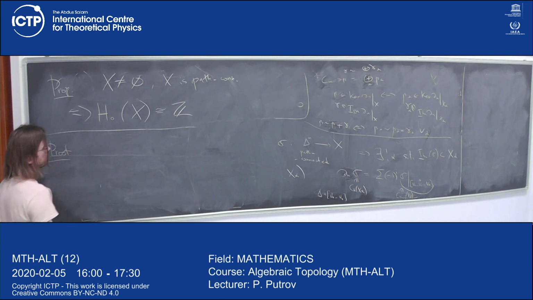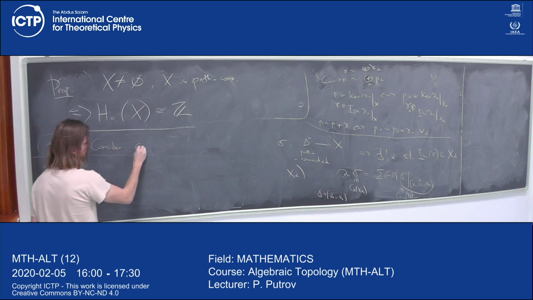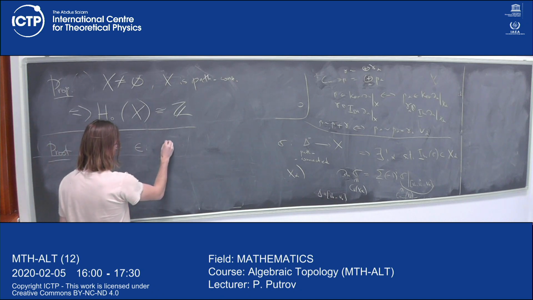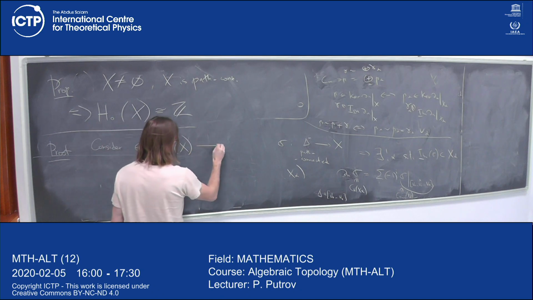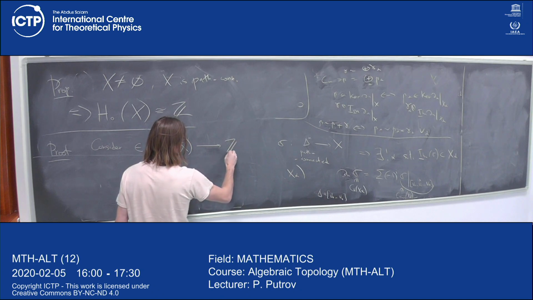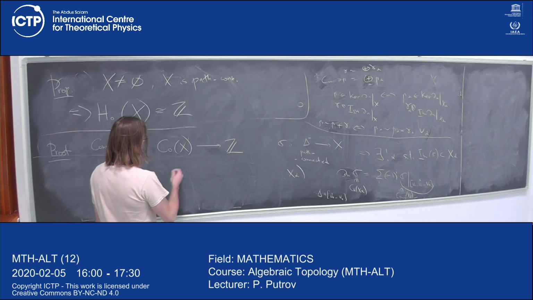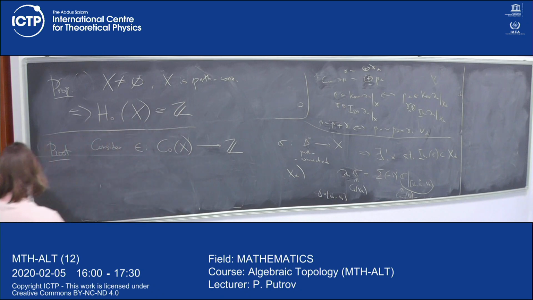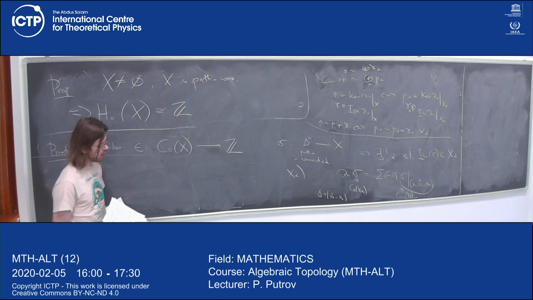Okay. So to prove this, let me consider the following map. An auxiliary map should be useful for us. It's a map from C0 of X to Z. Before, we know that in the chain complex there was a sequence of differentials, and d0 acts on C0 of X as 0 by definition.